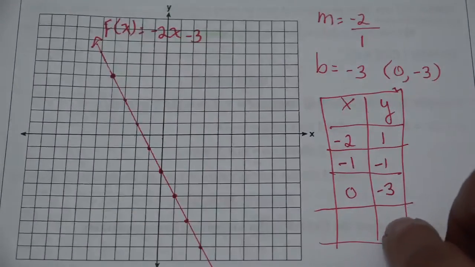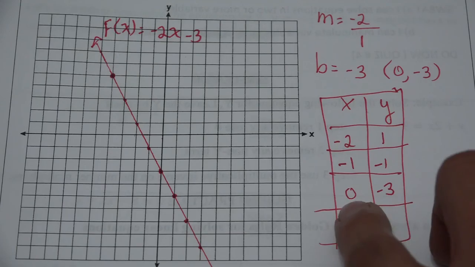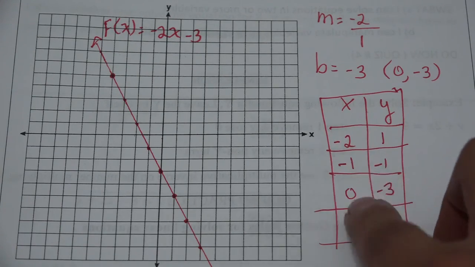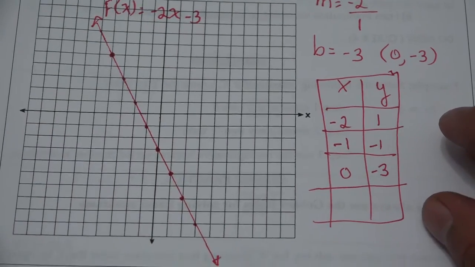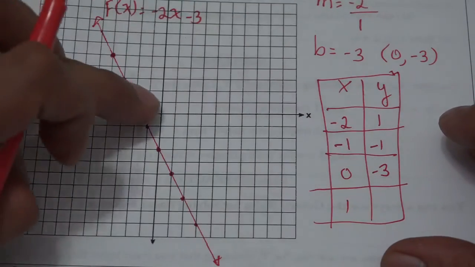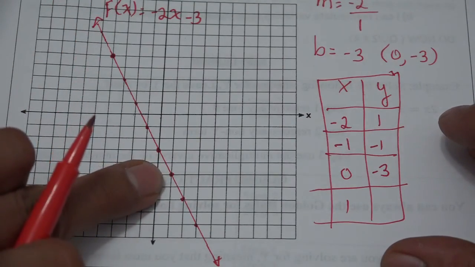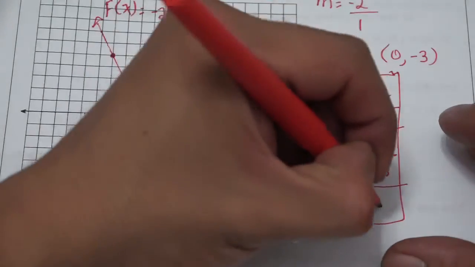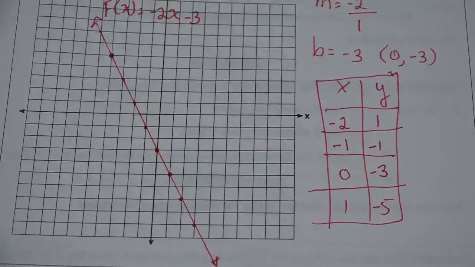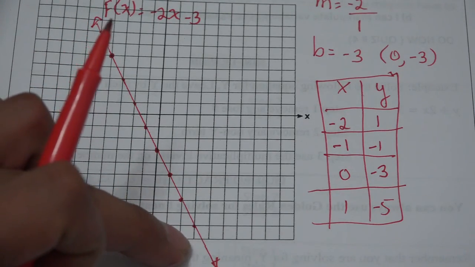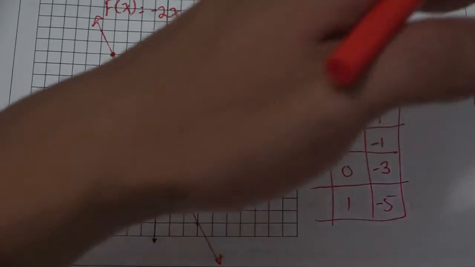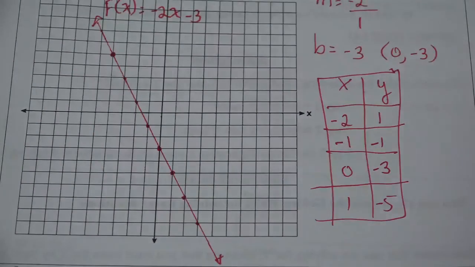So at any point when you see this type of coordinates like 0, something, that will always be the y-intercept. Now when x is 1, y is -5. And notice the behavior of a negative slope. It goes down. If it was positive, it will rise to the right. Okay? All right then.